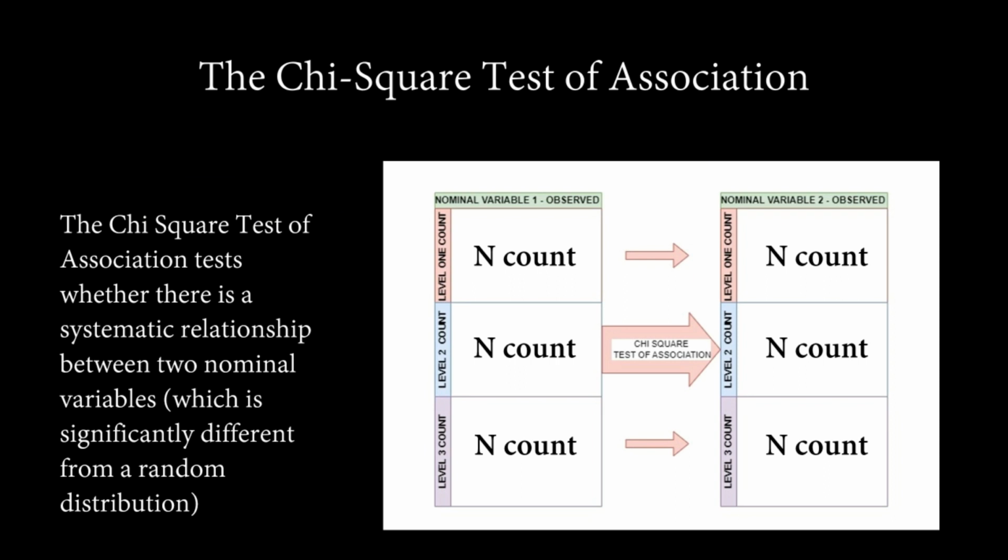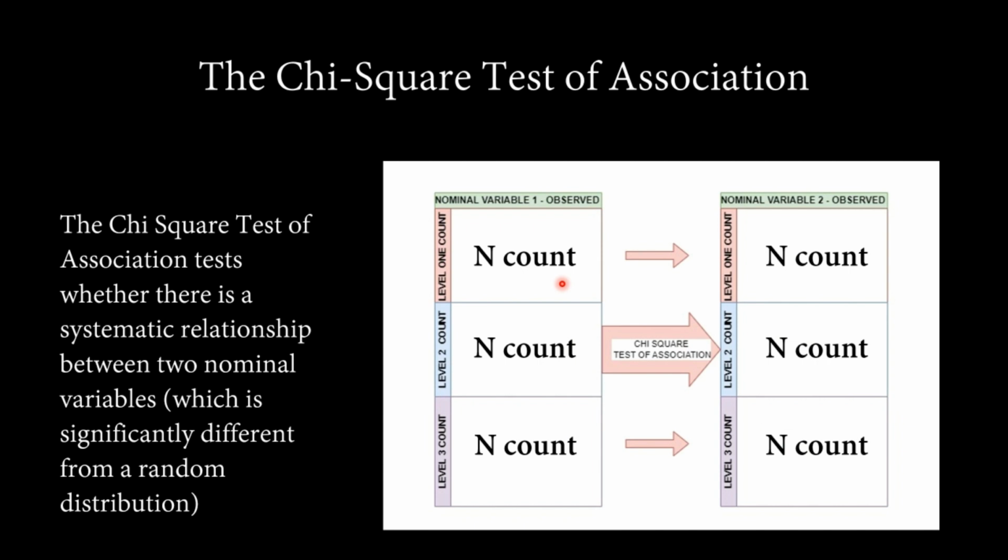Let's take a schematic look at what actually happens here. So actually what we're interested in is the relationship between observed counts on a nominal variable number 1 versus observed counts on a nominal variable number 2. And what we're interested in is, is this relationship systematic, or is it just random?